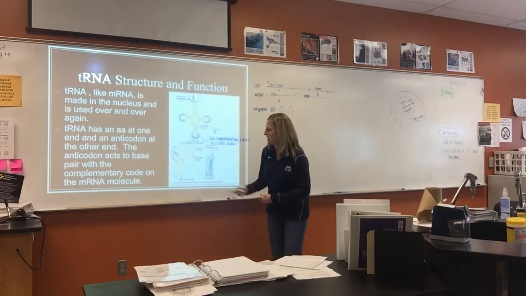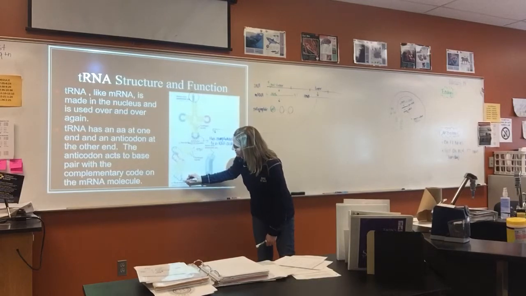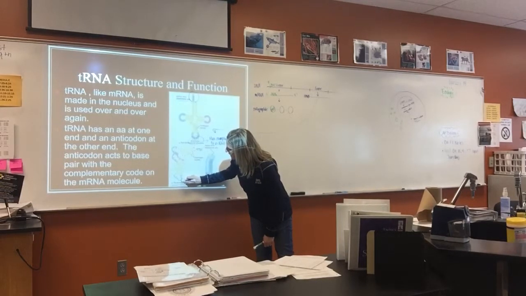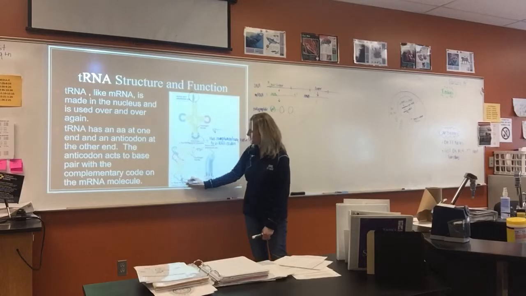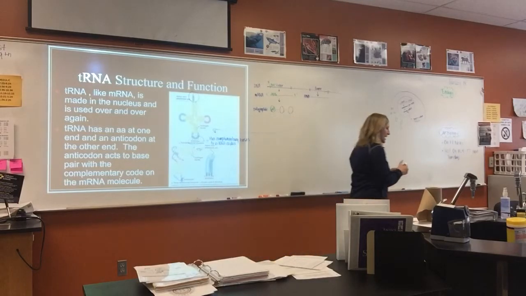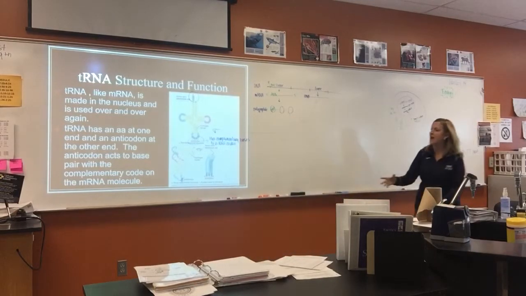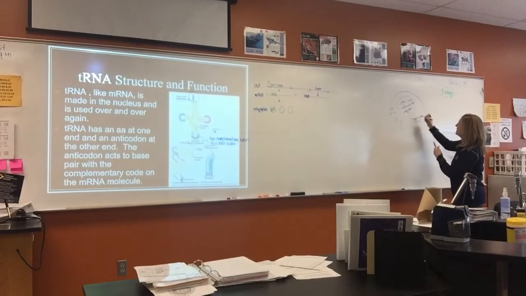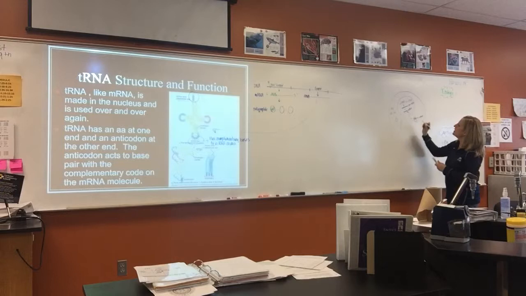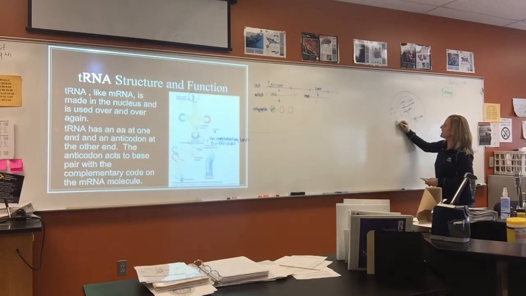A C. So I'm going to put here the anticodon UAC. Here's my mRNA, AUG, and now I have a tRNA molecule floating around in my cytoplasm with the anticodon UAC.